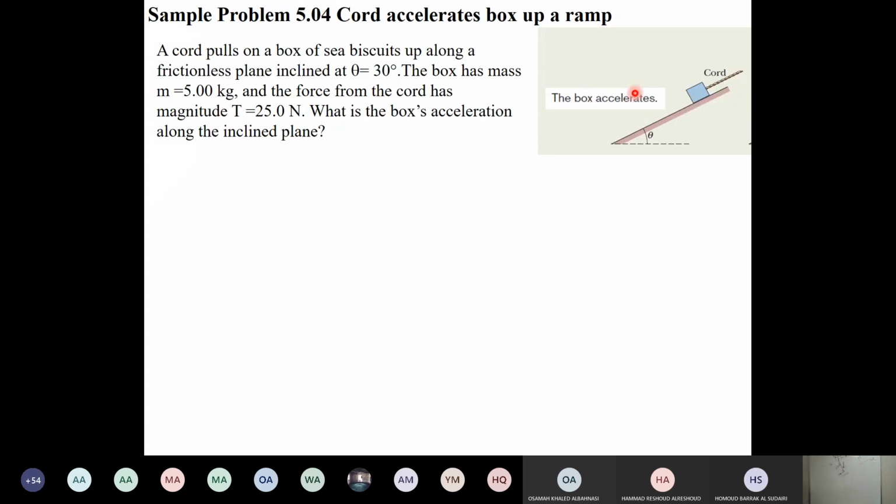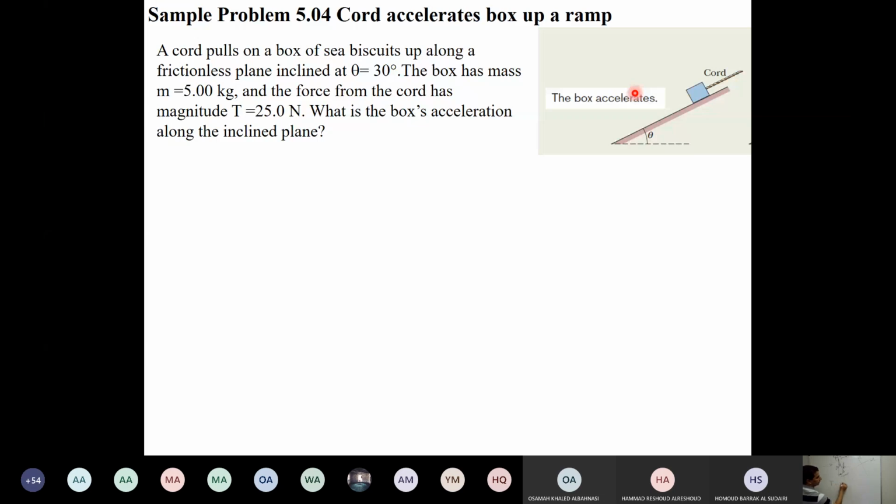Once that is done, I need to analyze the forces for the acceleration, because the acceleration is happening along the plane. So let's resolve the forces along this x-axis. When we are resolving the forces, we know this tension is in the positive x-direction. If we take that as positive, the opposite force is mg sine theta, pointing to the negative x-axis.